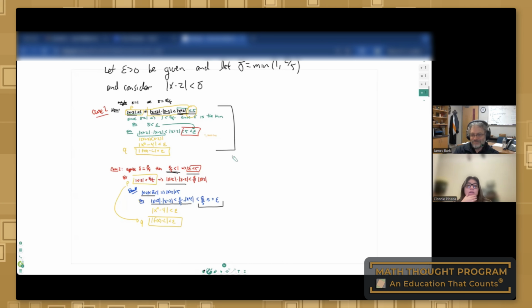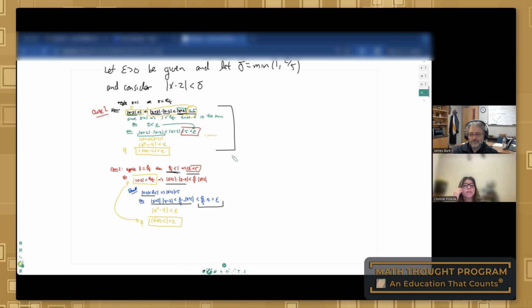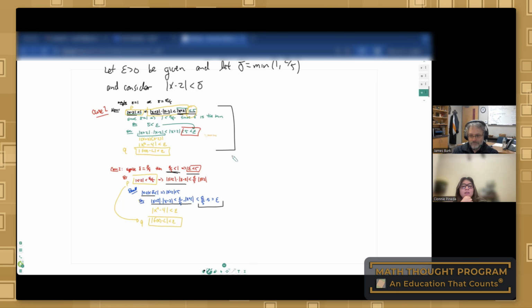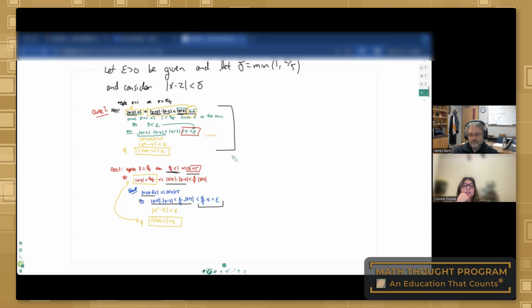And so since the delta is 1, that implies that that is less than the delta over 5. And that also means that the epsilon is greater than 5.